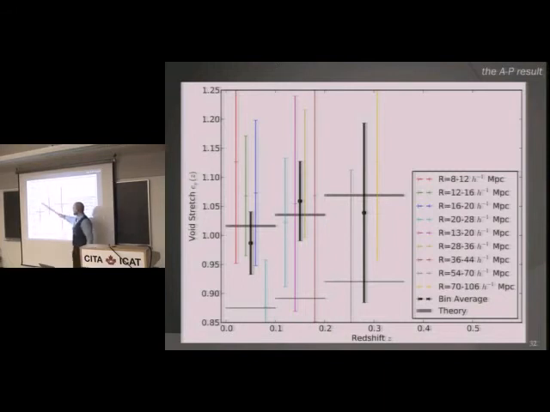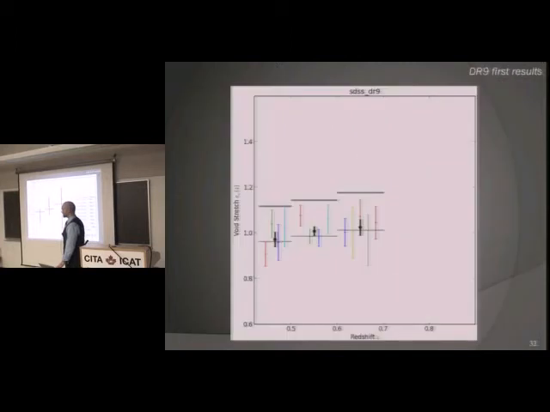But here, in the main sample of SDSS, we're not seeing hints of the same sources of systematics. That's something we're trying to understand. When we apply it to DR9, this is very preliminary results. When we apply it to 3 redshift bins in DR9, we see a trend, which is key for the Alcock-Paczynski measurement, but we see it lining up more with the expected result from the simulation.